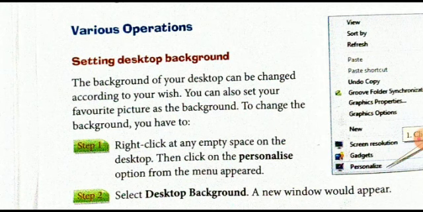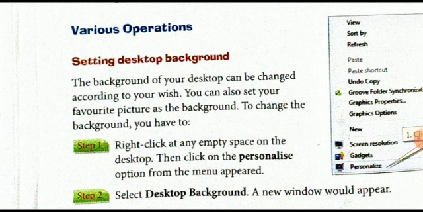So the background of your desktop can be changed according to your wish. If you want to apply your picture or any types of graphics you want to place, or if you want to apply predefined pictures that are available in the Windows operating system, you can also apply them.